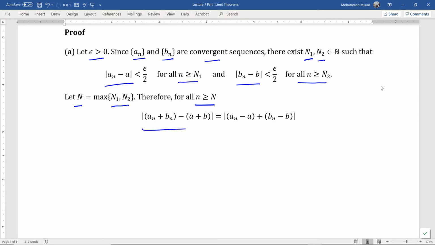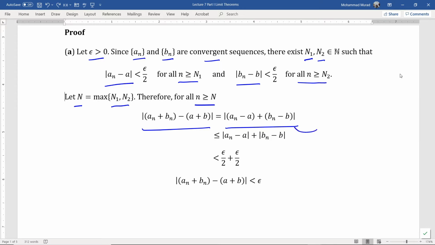the absolute value of the quantity a sub n plus b sub n minus a plus b can be rewritten as the absolute value of a sub n minus a plus b sub n minus b. Now, on the right-hand side, we apply the triangle inequality to obtain this inequality.